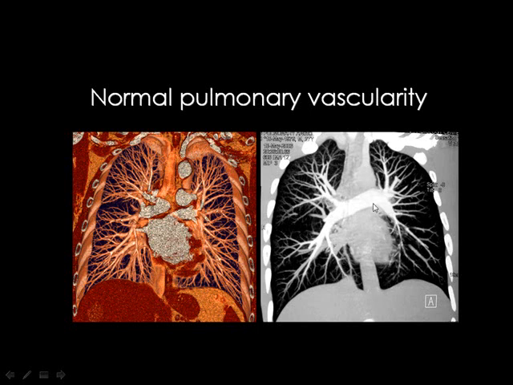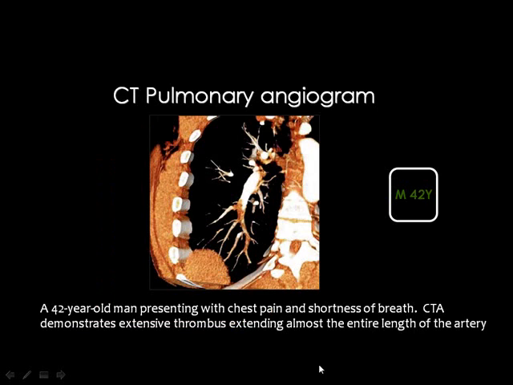Then you can see the pulmonary artery and its branches, and you can see minute emboli in the very distal branches. This is the best way for diagnosis of pulmonary embolism nowadays. This scan does not take more than 2 seconds to reach these images, and you can display the images in black and white and also in colors, as you can see.